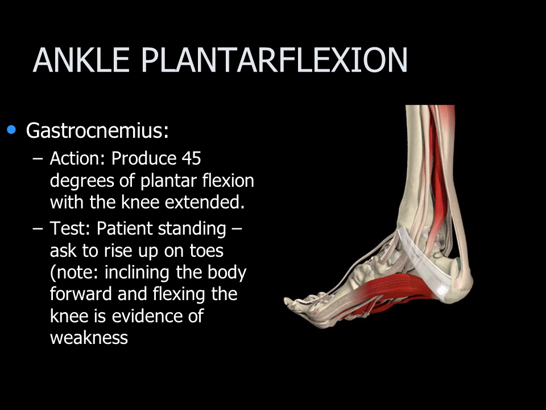So to test the gastrocnemius, remember earlier in the program when we talked about the leverage systems of the body, the testing of ankle-resisted plantar flexion is a test of a second-class lever, much like a wheelbarrow. And that is a leverage system that carries tremendous mechanical advantage.